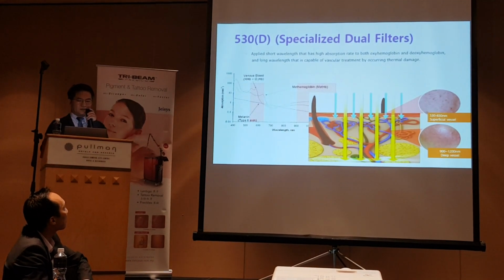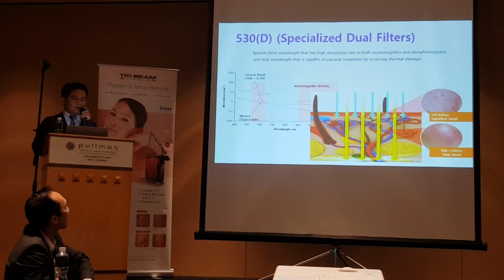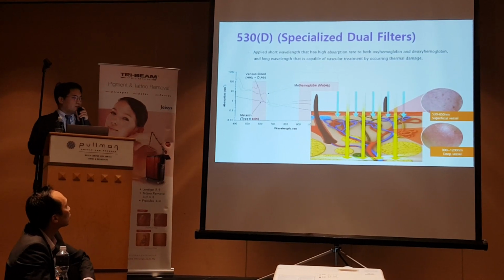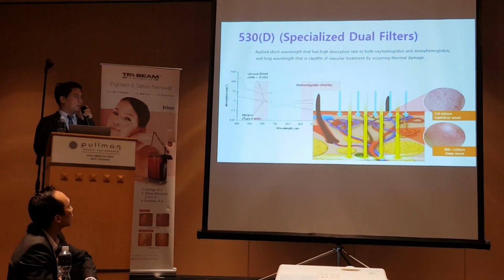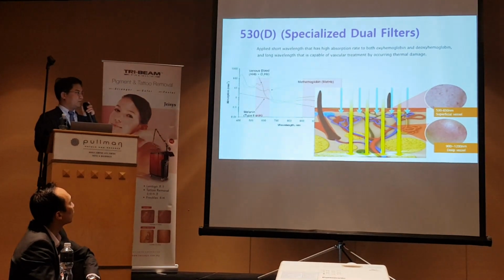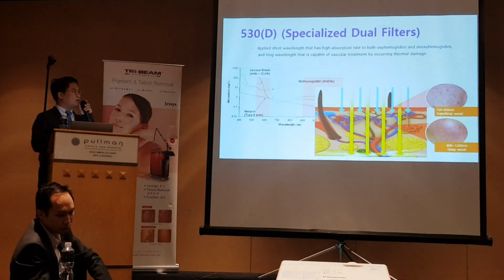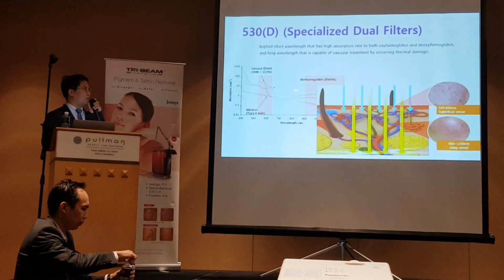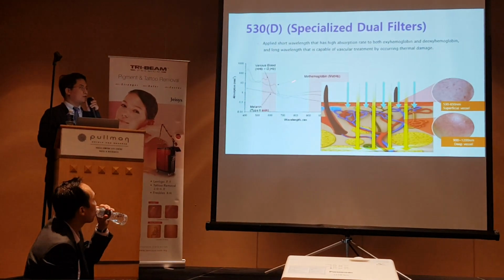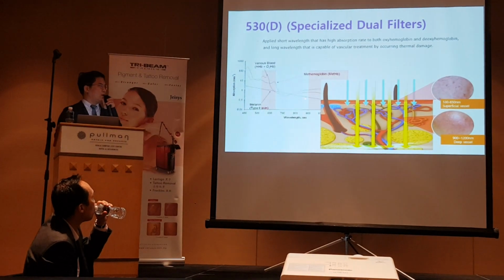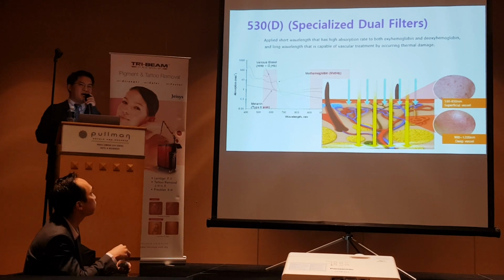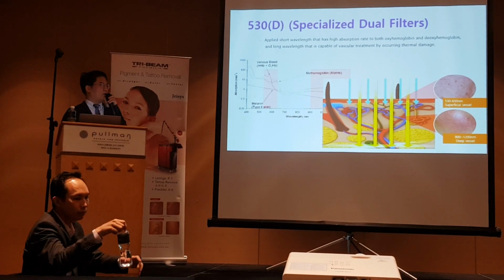The long wavelength band is capable of vascular treatment by causing thermal damage to deep vessels using methemoglobin. If the IPL emits photons to the vessel, the hemoglobin changes to methemoglobin, and the methemoglobin's absorption coefficient for the second band is much higher than for the first band.